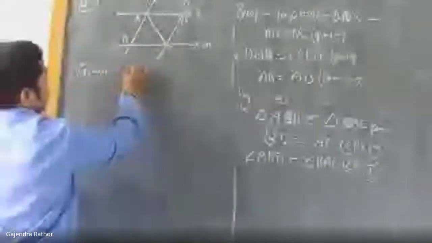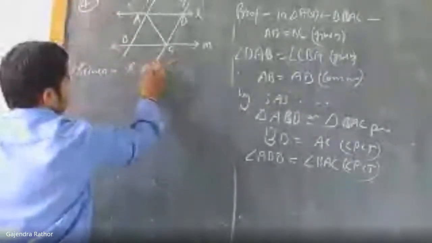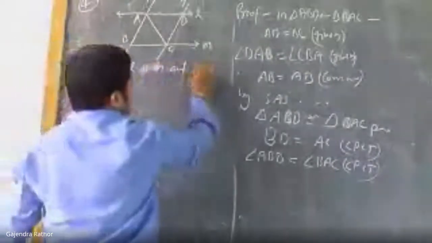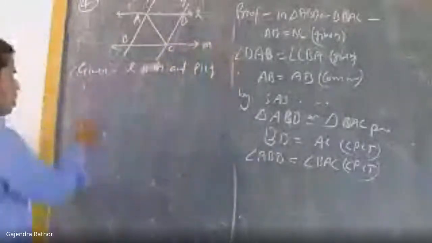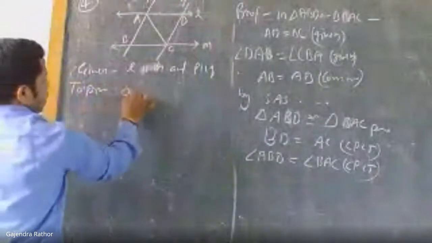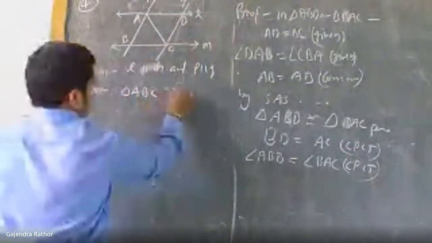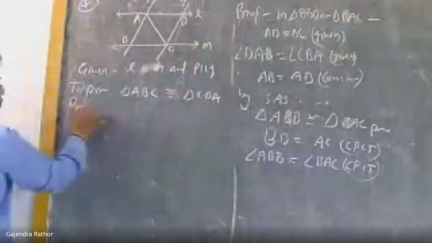First, given: L is parallel to M and P is parallel to Q. This is given. Now to prove triangle ABC congruent to triangle CDA. Now the proof.